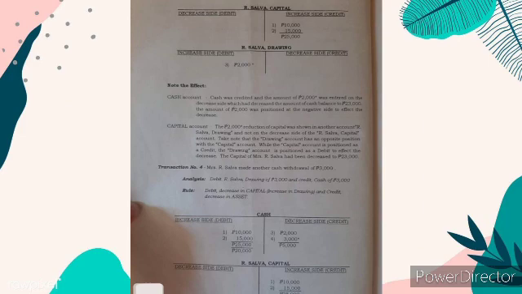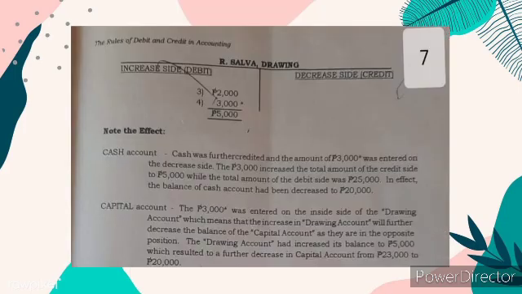And here in the capital or drawing table, bali mas nilinaw niya yung table. In the drawing or capital table, it separates the decreased money and the increased money so that it will be more mas malinaw.